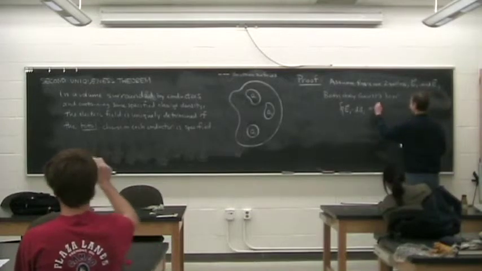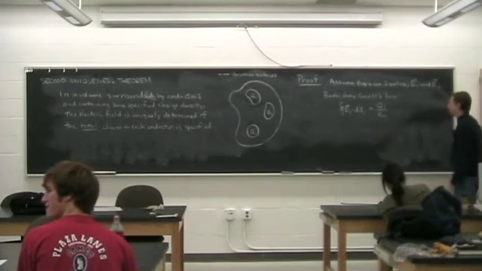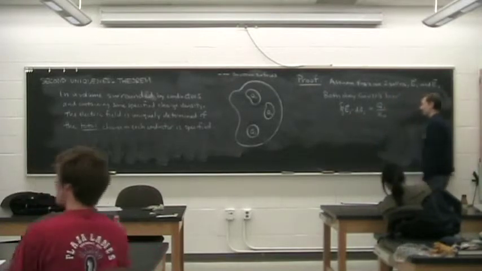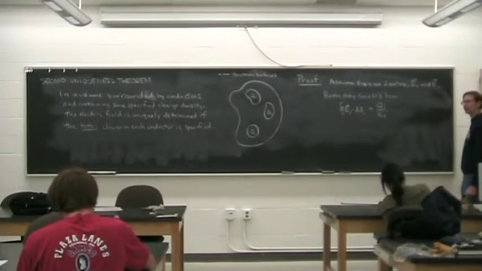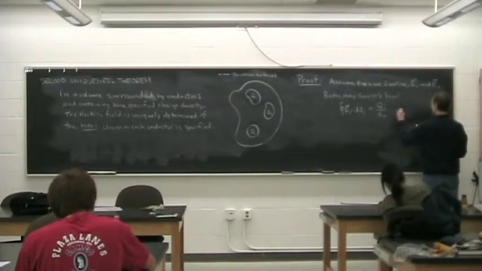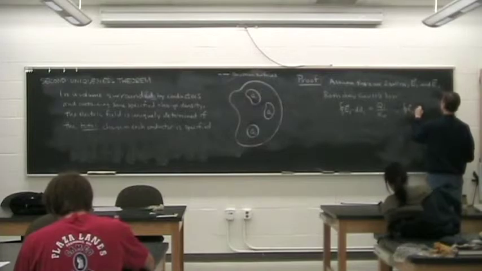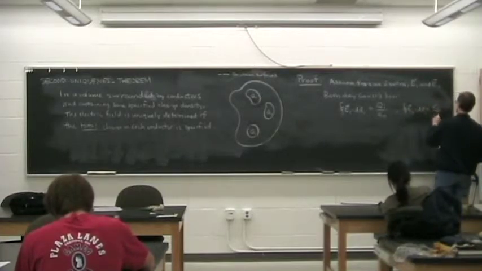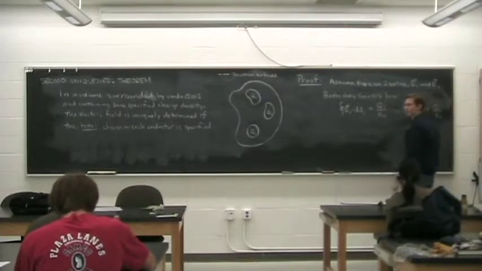So, if I find the flux of E1 through the ith surface, it's equal to the charge on the ith conductor over epsilon naught. And similarly, it's going to be true that the flux of E2 through the ith surface is the same thing. Because if there are 2 solutions, both their fluxes have to be charge enclosed over epsilon naught.